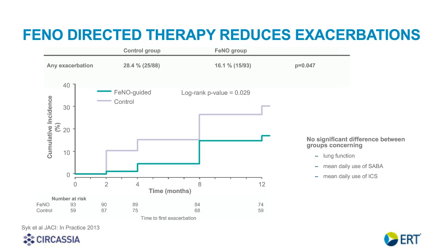There were no differences seen in lung function or mean daily use of SABA or mean daily use of inhaled corticosteroids. But despite the fact that this patient group came in fairly well controlled on inhaled steroids, you can still see a robust reduction in exacerbations.